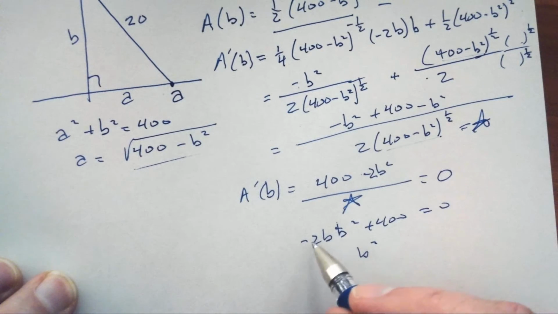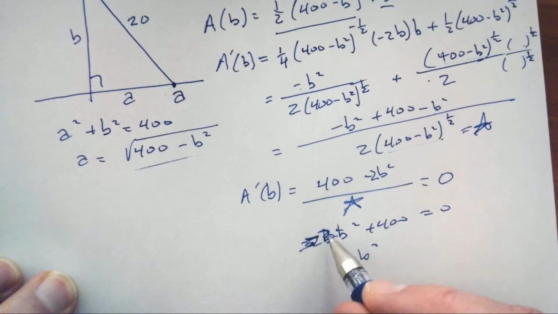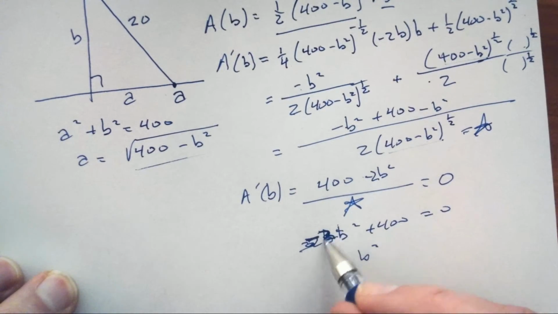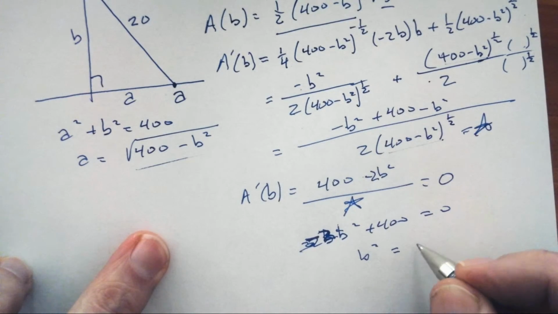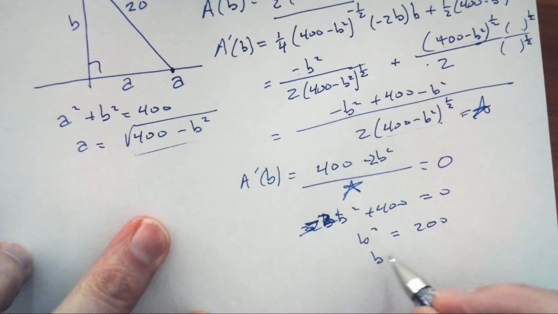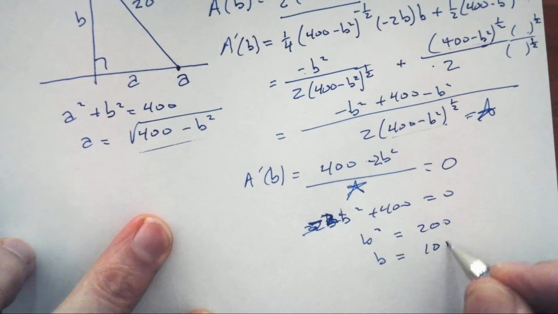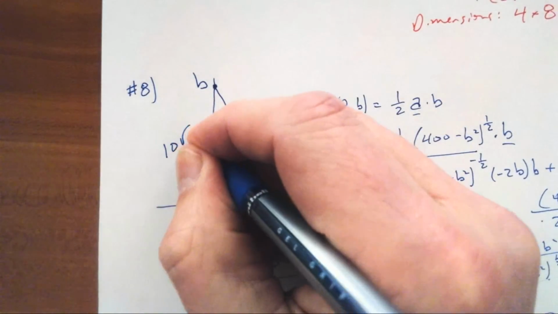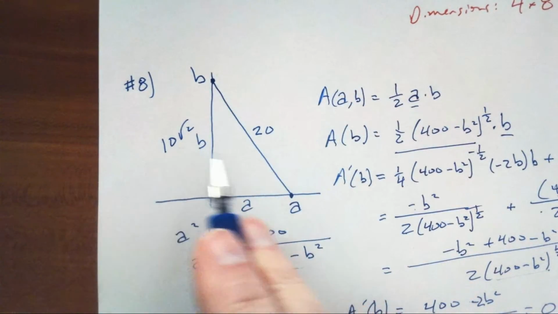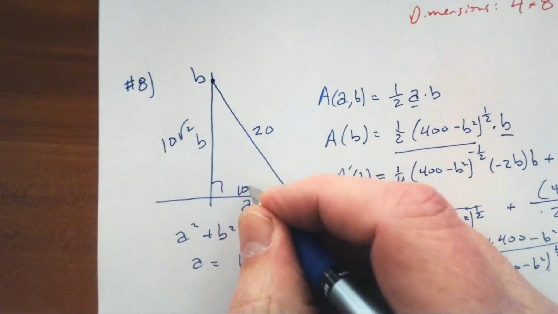Sorry, I don't think I'm going to redo this video, so you've got to work with me here. That would be when b squared equals 200, or when b equals the square root of 200, or 10 root 2. It'll be plus or minus, but that's going to be positive. But this is 10 root 2, and by Pythagorean, quickly we see 10 root 2 to root 20. This is in a ratio of a 45-45.